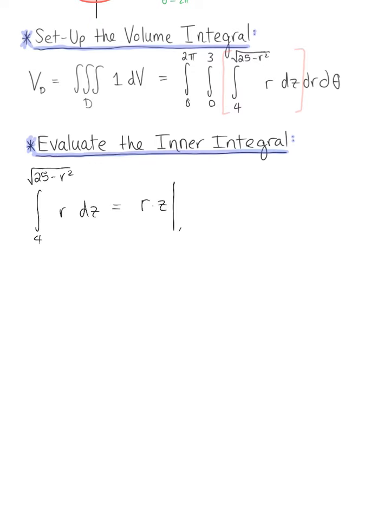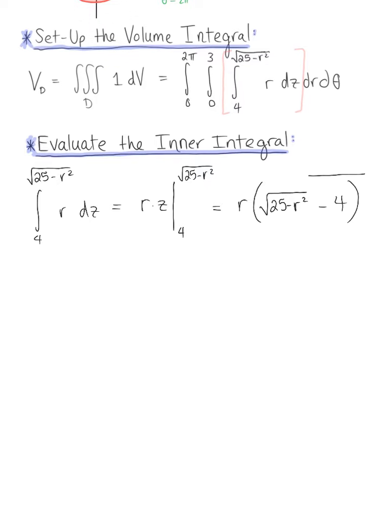Evaluating from 4 to the square root of 25 minus r squared leaves us with r multiplied by the square root of 25 minus r squared, minus 4.